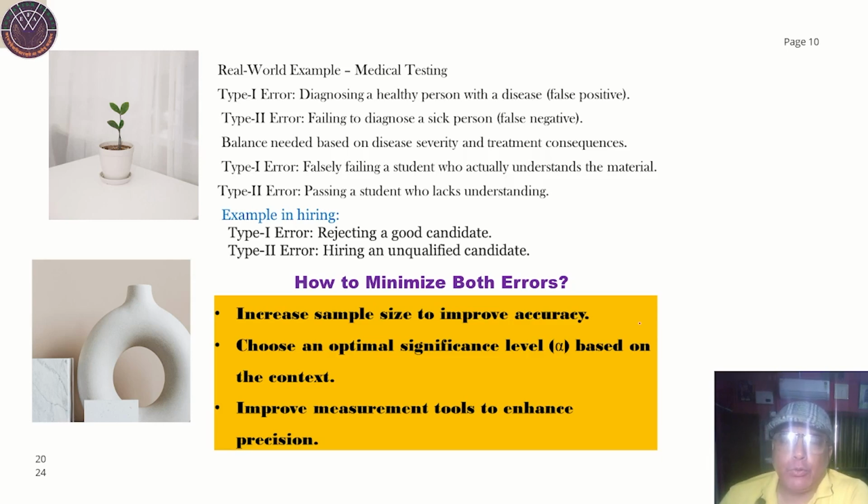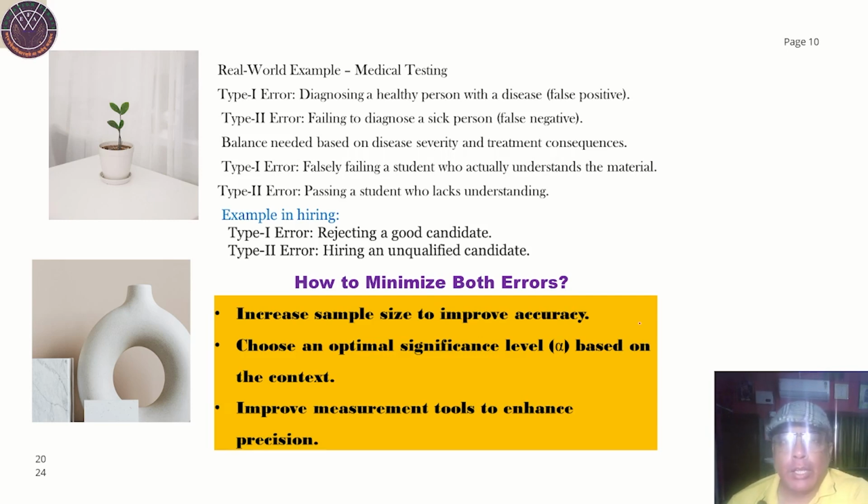But maybe your test is very poorly constructed, very poorly conducted, or the chance that you have taken is quite high. You are taking a 10% or 15% chance. So you are failing a student who actually understands the things. That is type 1 error.